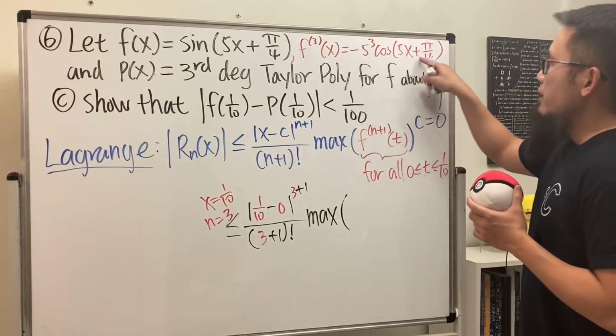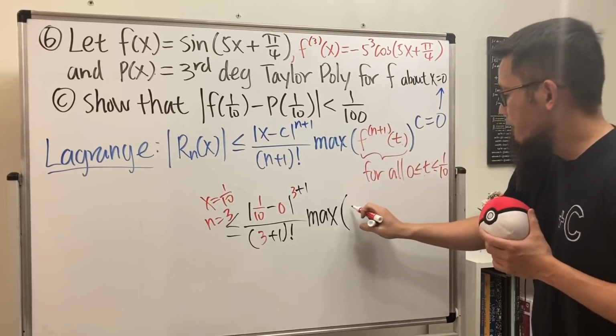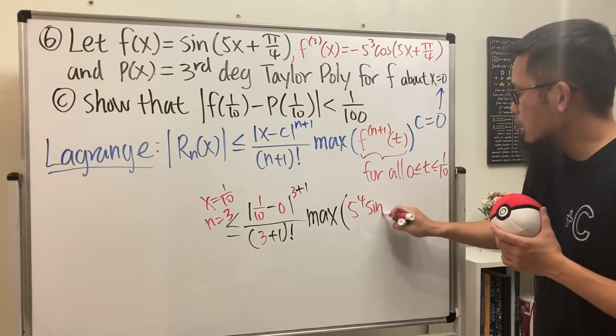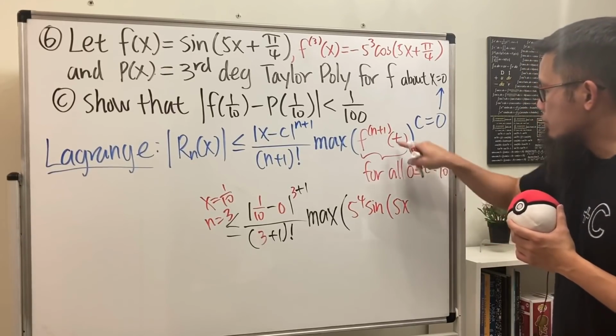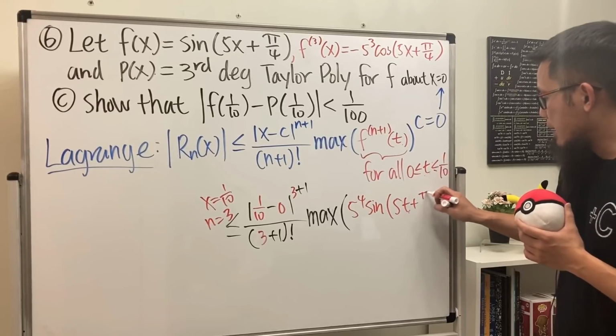If we differentiate this one more time, we will get positive sine, right? And then this is going to be 5 to the fourth power, and it becomes the sine right here, and then we have 5t, and then plus pi over 4.